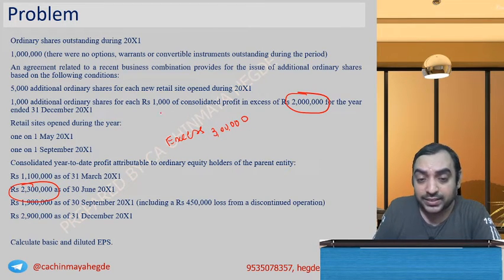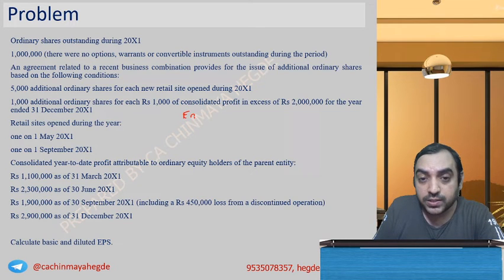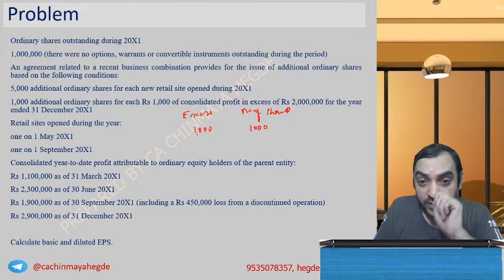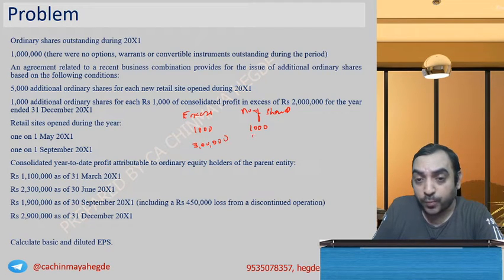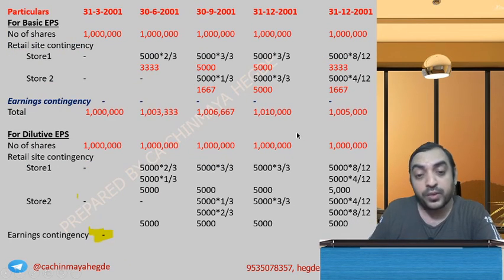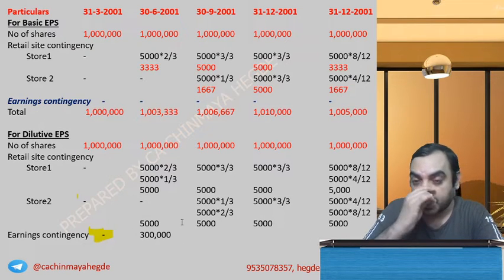How much is the excess? Excess is 3 lakh. So how many shares are issued? 3 lakh into 1000 by 1000. 3 lakh shares will be issued. No proportionate number of months. Take fully 3 lakh. You will take 3 lakh shares.